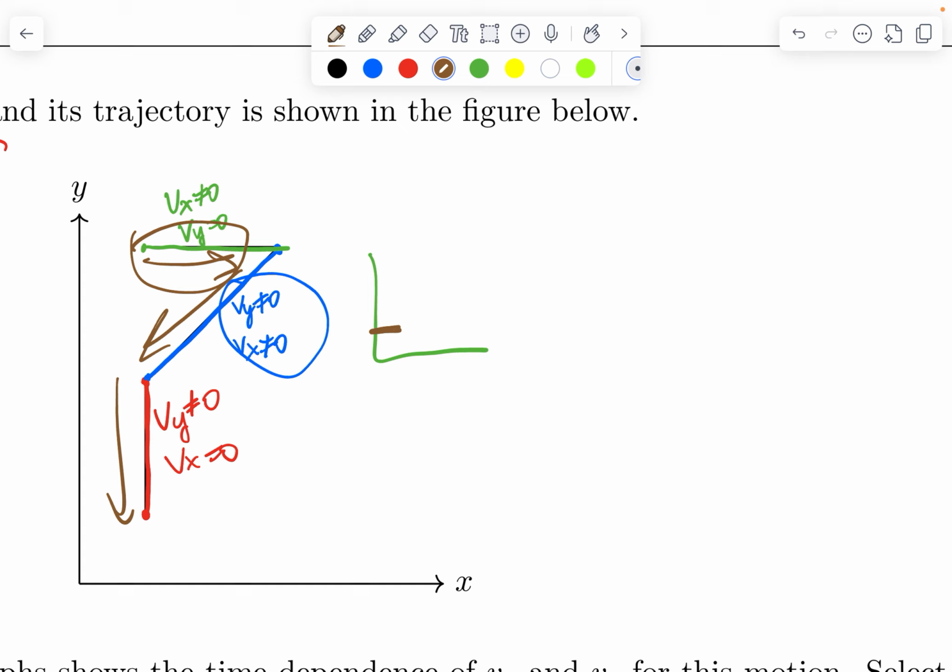And then for the second part, Vx is going to be less than 0. And for the third part, it's going to be like this. And then for Vy, the first part, it's going to be 0. The second part, it is going to be negative. And for the third part, it's going to be negative.